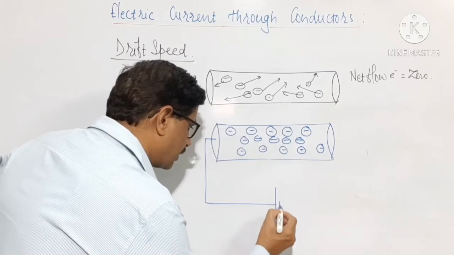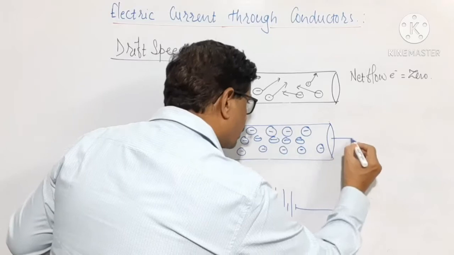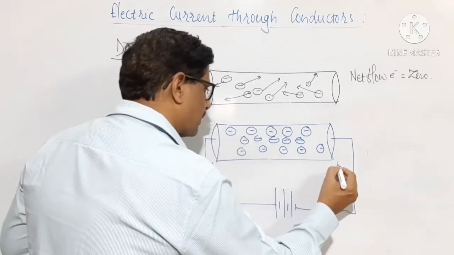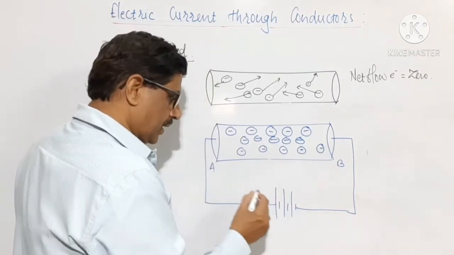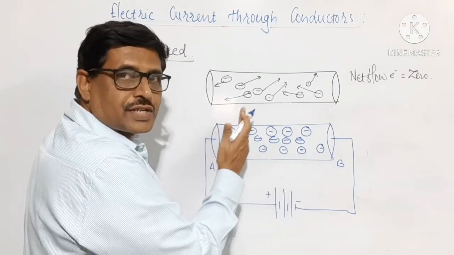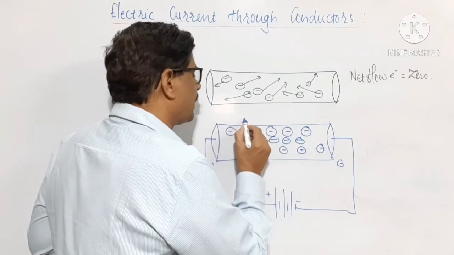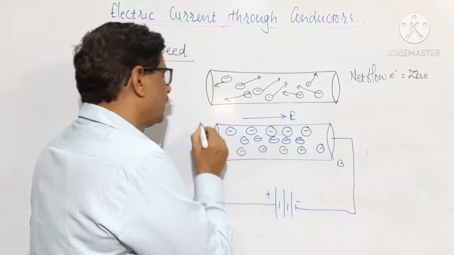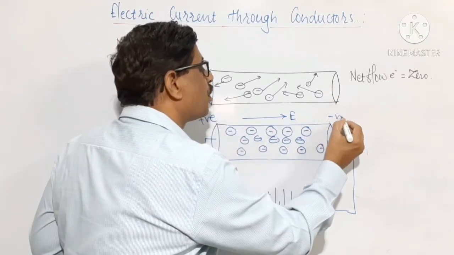Now, the ends of the conductor are connected with the battery. The positive of the battery is connected to end A of the conductor, and the negative of the battery is connected to end B. Then, an electric field is produced at every part of the conductor. The direction of the electric field is from the positive of the battery to the negative of the battery, that is, from higher potential to lower potential.